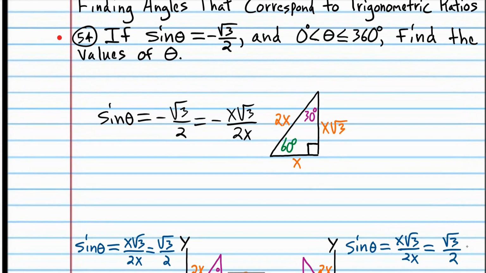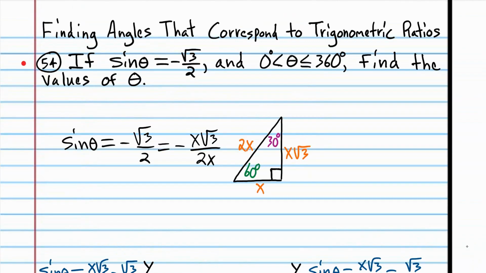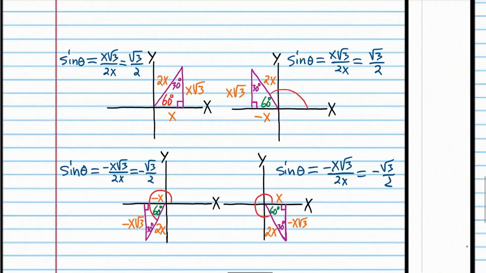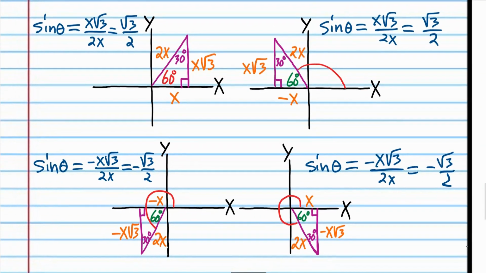Well, the side opposite the reference angle, the 60 degree reference angle, is x root 3. And so obviously the angle is 60 degrees. But there's a problem. It's negative root 3 over 2. When we try to solve these equations, we can consider 4 situations. When the triangle's in the first quadrant, the second quadrant, the third quadrant, or the fourth quadrant.